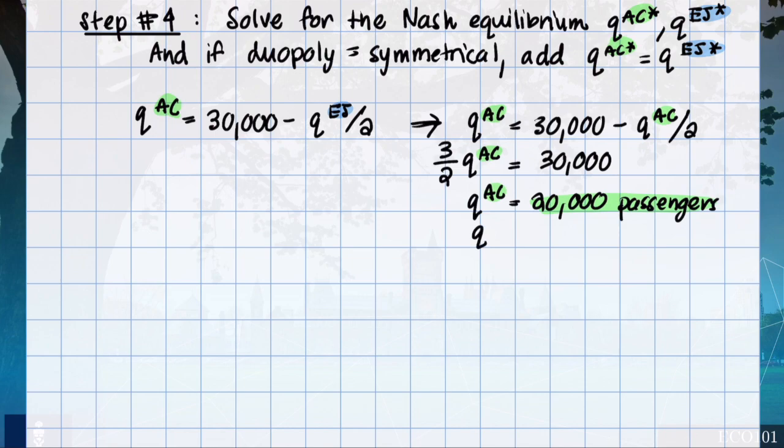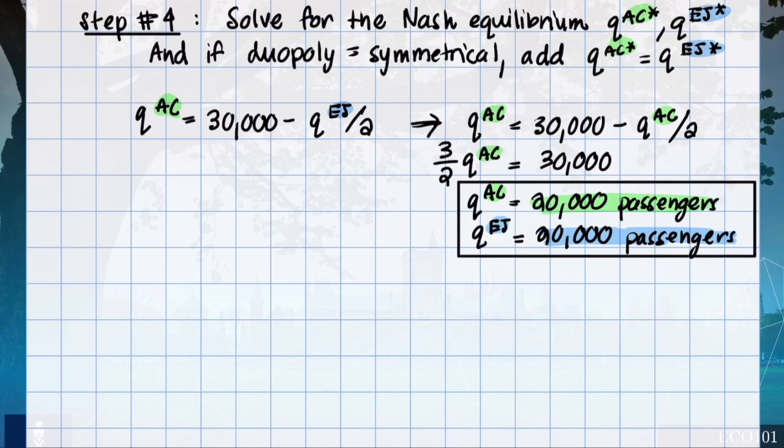We know that at the Nash equilibrium, they produce exactly the same amount. They are going to sell exactly the same number of tickets. So EastJet also serves 20,000 passengers at the Nash equilibrium. And that's it. That's the first part of the answer. We have the number of tickets sold by both companies at the Nash equilibrium.